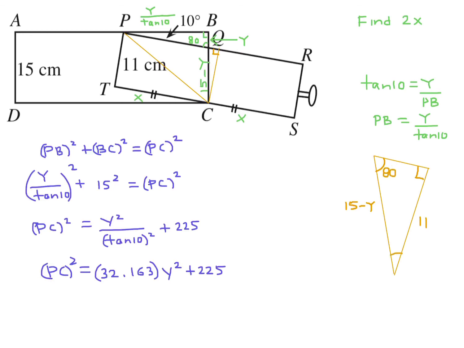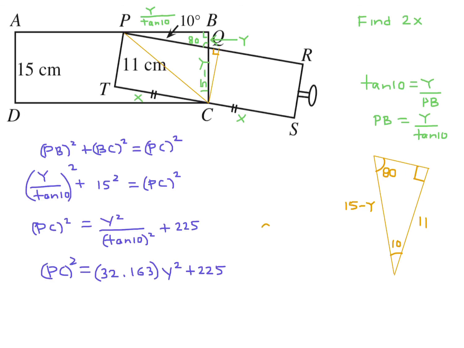And then this one, by the sum of the angles being 180, is 10. So this is very helpful because we can now use a very basic trigonometry formula to figure out the exact value of y, which is what we definitely need.